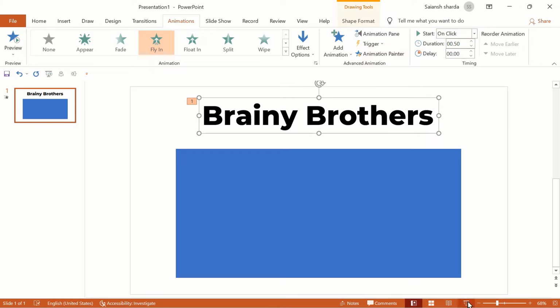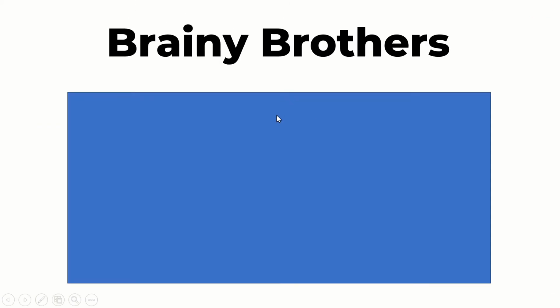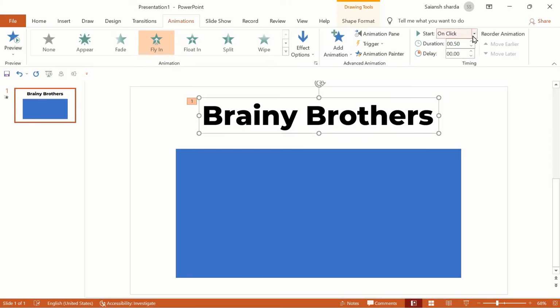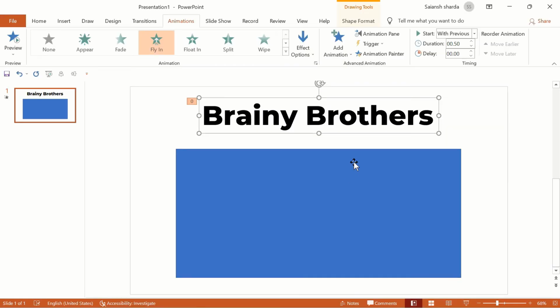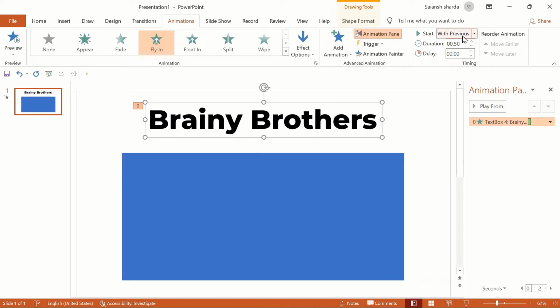So the animation will start when I click it. Instead, we can go to with previous. And here you can see if I go to with previous, the animation is starting without me clicking or doing anything. Wonderful.